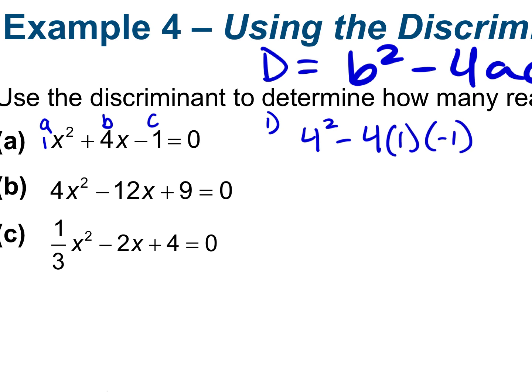So 4 squared is 16. What is -4 times 1 times -1? Positive 4. And 16 plus 4? 20. 20 is our discriminant, but there's 2 parts to the answer. We also have to say how many solutions we have. If our discriminant is positive, how many solutions do we have? 2 real solutions.